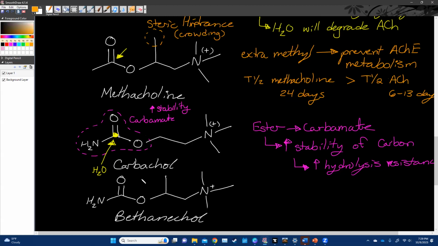Bethanechol puts together both the methyl group in methacholine and the carbamate of carbachol, and you get the best of both worlds.